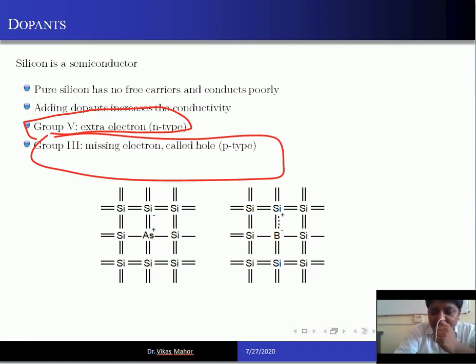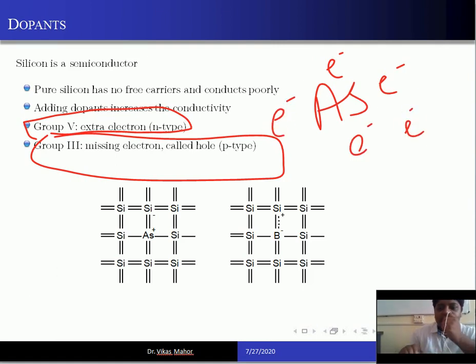So when you mix a group 5 material like arsenic, let us say arsenic. Arsenic has how much valency? 5 valency. That means it has 5 electrons in its outermost orbit. What happens when you mix a single atom? Let us take a single atom at a time. When you mix a single atom of arsenic into the silicon, what will happen? The valency of silicon is 4.